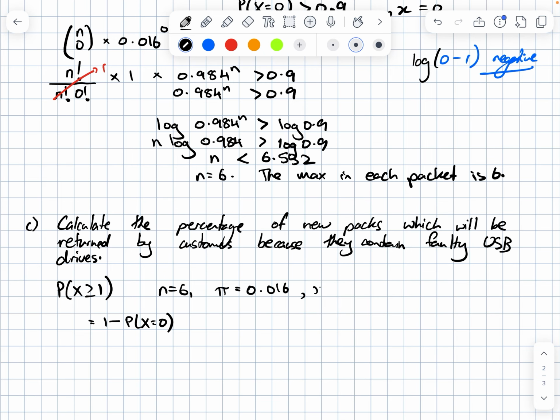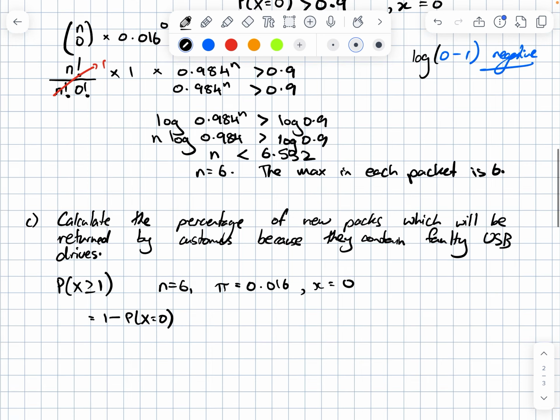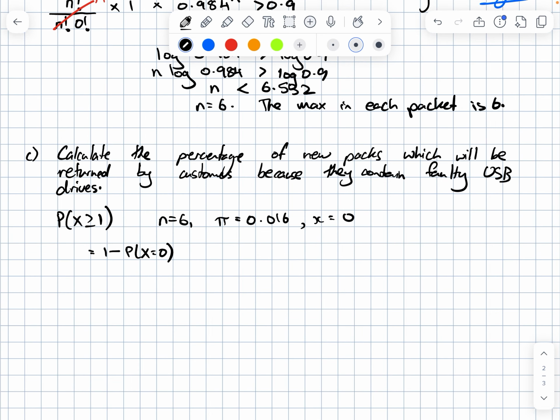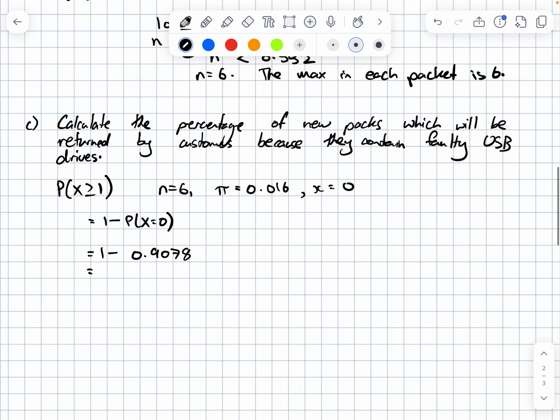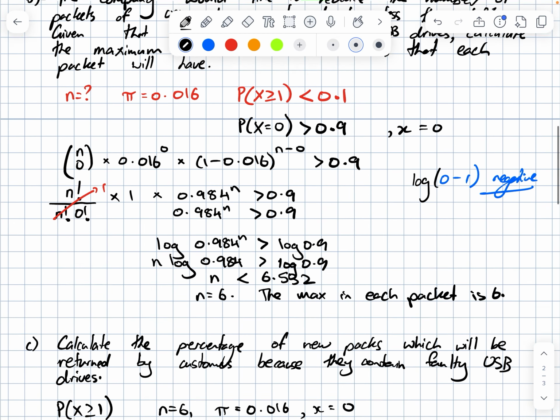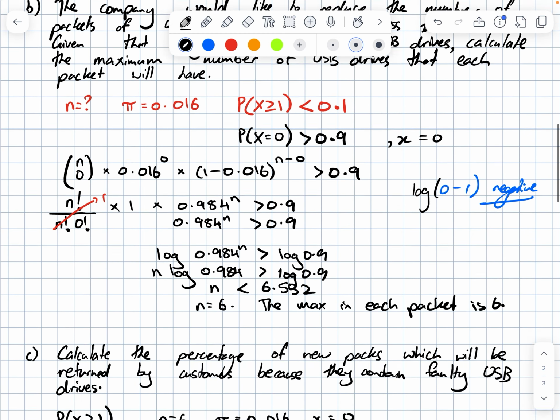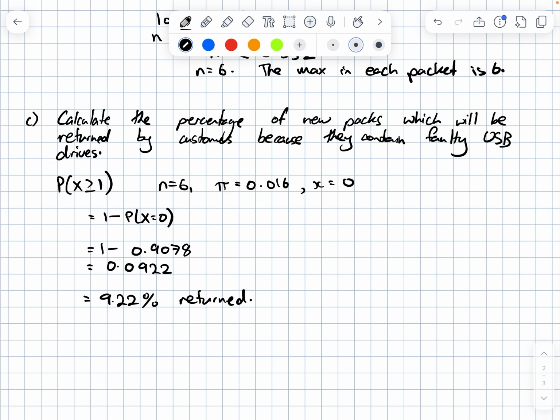And so x will be 0. Chuck that into your calculator, you get 1 minus 0.9078, or 0.0922, which gives you 9.22% returned, which is good because originally we wanted it to be less than 10% from part B, so we're pretty confident that we have done this all correctly.